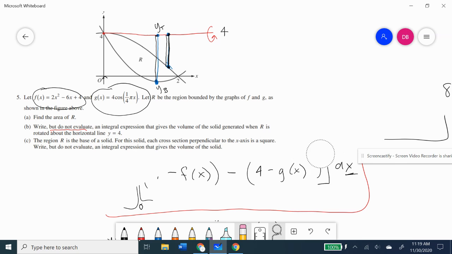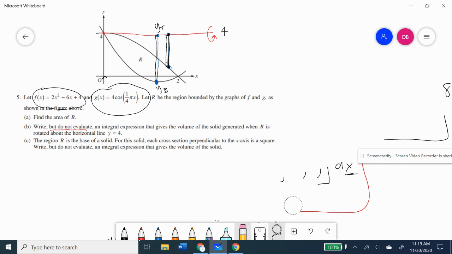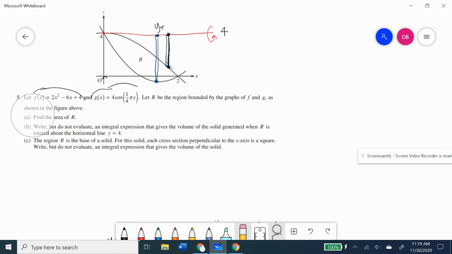In letter C, the region R is a base of a solid. For this solid, each cross-section perpendicular to the x-axis is a square. So, you realize it's cross-sectional volume. For me, the first thing I look at is, who are we perpendicular to? Perpendicular to the x-axis.